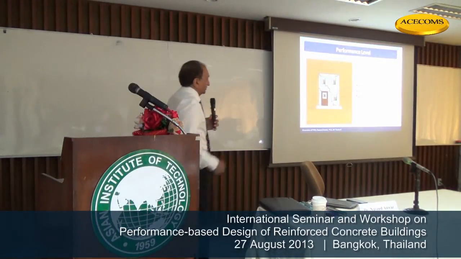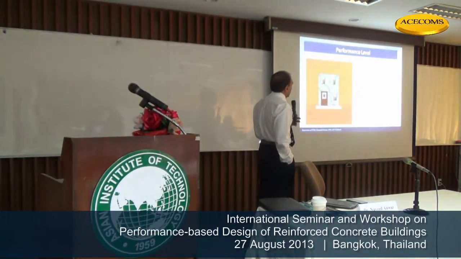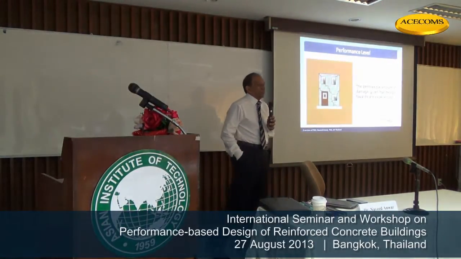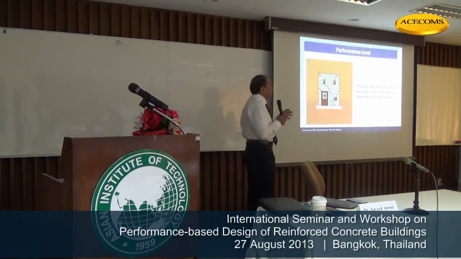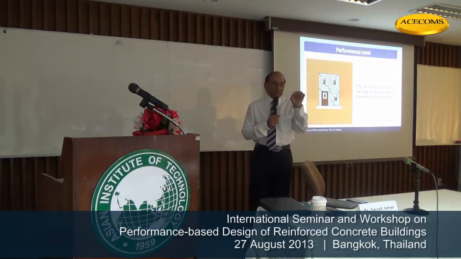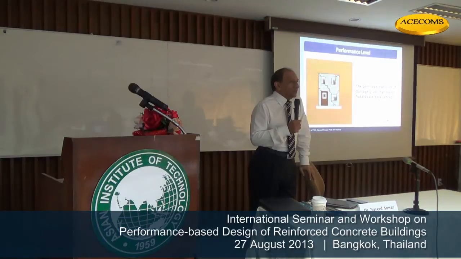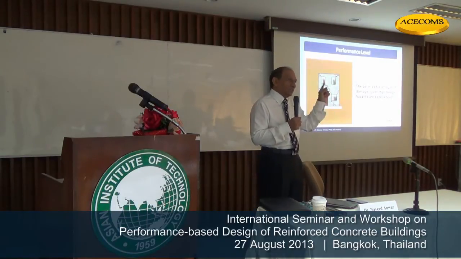So performance levels. This is the permissible amount of damage given the design hazards are experienced. That is the definition of the performance level. What is permitted to happen in a structure if a certain level of earthquake comes in? If the level of earthquake is more, then that's a different issue. There should be another performance indicator.